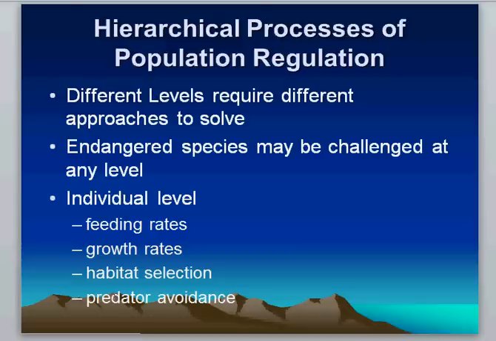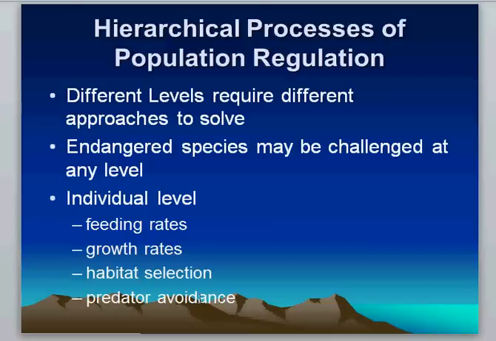So you may be able to manipulate that by training these individuals to avoid predators, by, I don't know, giving them an electric shock when they smell the predator, so they soon learn to run away from the predator.